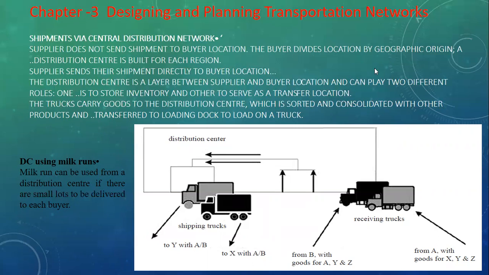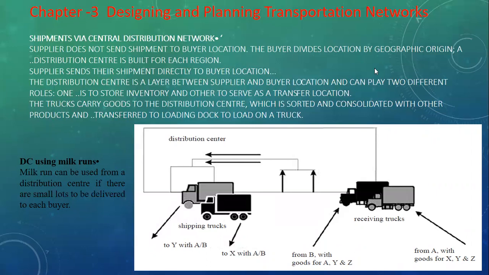This is a different method in which milk is delivered through a distribution center, because the supplier directly cannot do this activity. Here the distributor, or we can say the buyer, knows the actual customer locations by geographic origin.